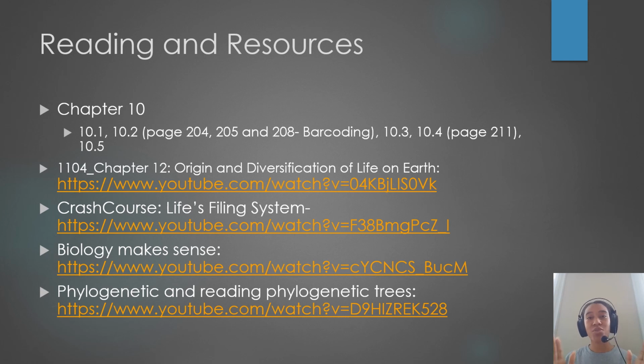I'm a big Crash Course fan if you haven't been able to figure that out yet. Biology Makes Sense made a video that's really good at explaining taxonomy, and same thing with the difference between phylogenetic trees and how to read phylogenetic trees. So if you need more resources to understand this material, or if you're just interested in what these videos have to bring, I would say go ahead and watch those.